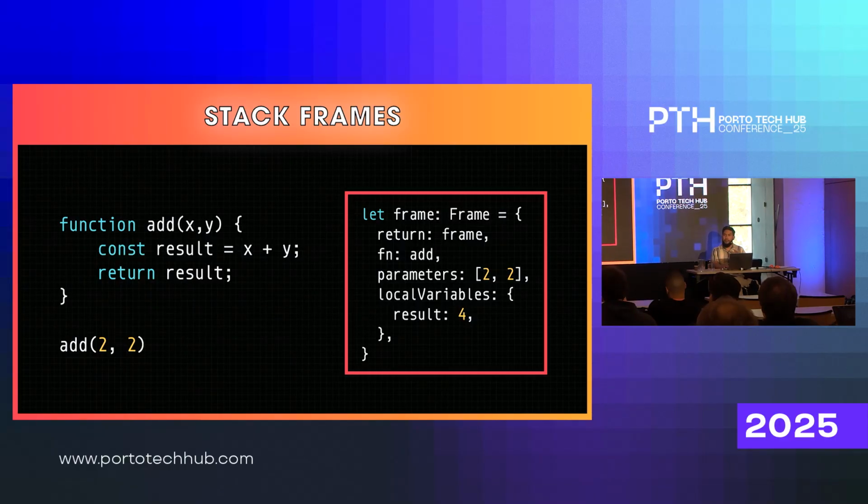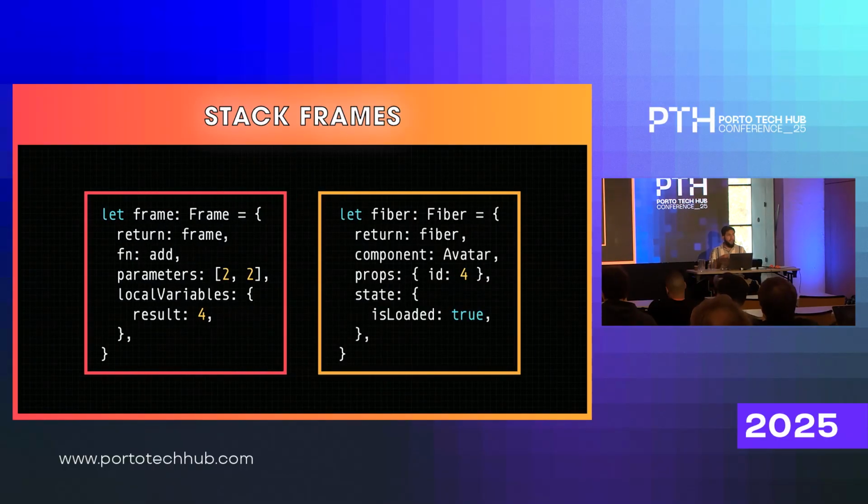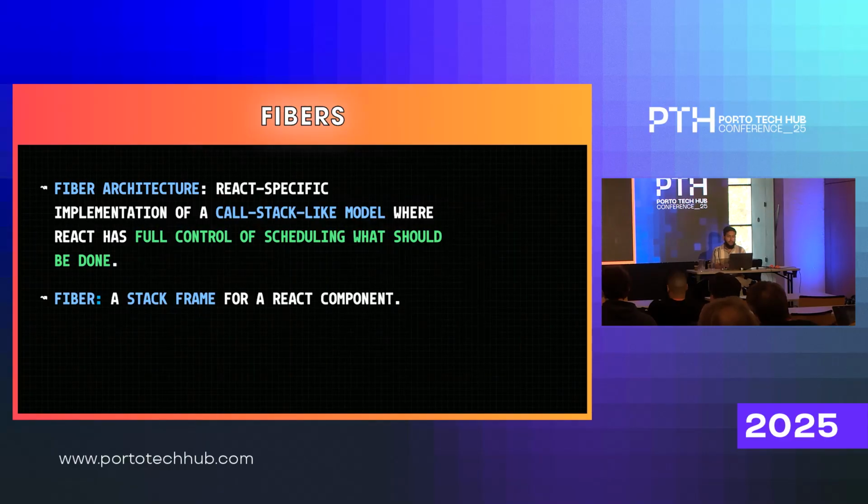So we can draw a parallel between that and what React does internally. If we were to model a fiber in React, instead of a function, we would have our component, which can be, for example, an Avatar component that renders a profile picture. Instead of the regular parameters, we would have props. Instead of local variables, we would have some internal state, and it doesn't really matter how you add it, if it's a class or via hooks.